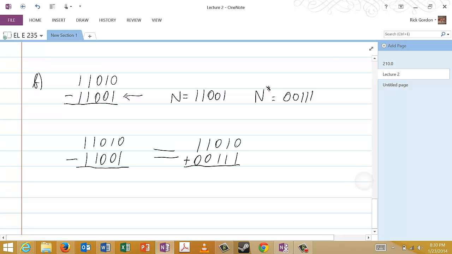And the answer is: 0 plus 1 is 1. 1 plus 1 is 0, carry 1. 1 plus 0 plus 1 is 0, carry 1. 1 plus 1 is 0, carry 1. 1 plus 1 is 0. And the carry, when you're doing 2's complement, if you have a carry in this last position, you just ignore it. And so our answer right here is 0, 0, 0, 0, 1. That we claim is the answer to this problem.